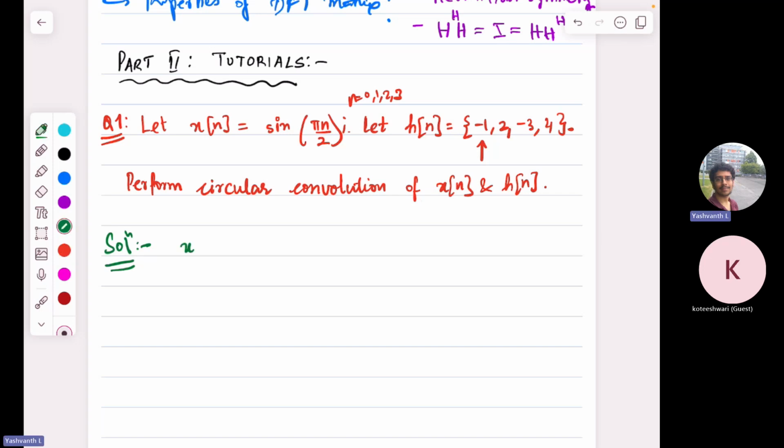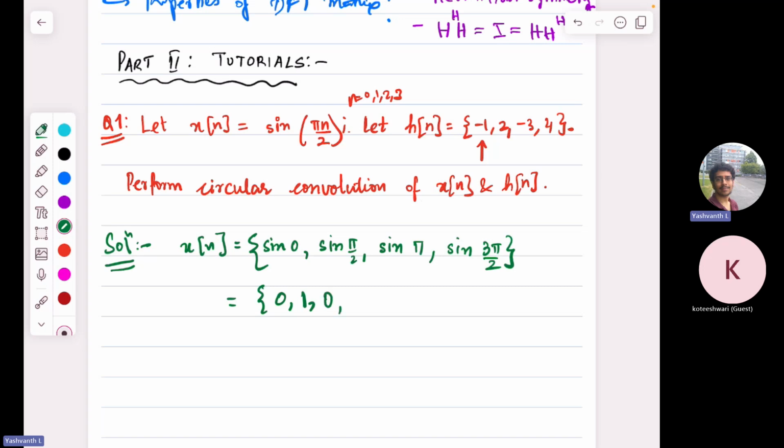So x of n is sine 0 at n equal to 0, sine pi by 2 at n equal to 1, sine pi at n equal to 2, and sine 3 pi by 2 at n equal to 3. This is 0, 1, 0, and -1. So that is your sine of pi n by 2.